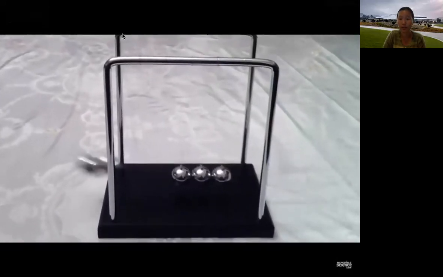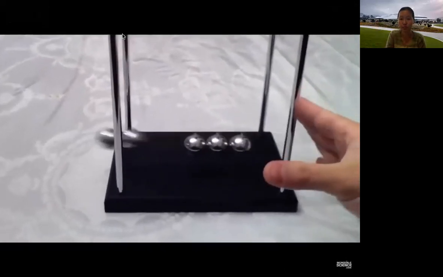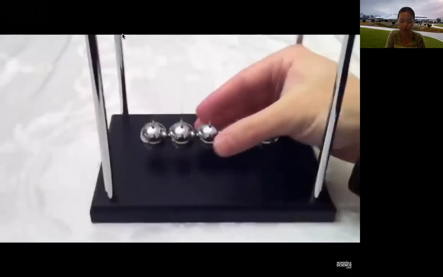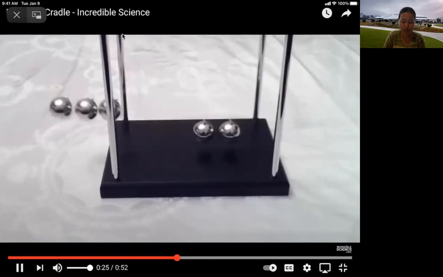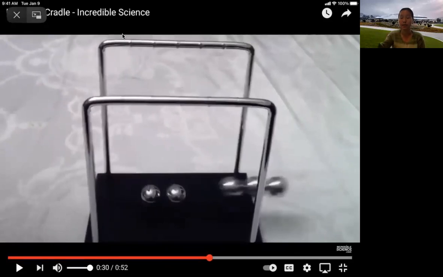The middle one remains in the middle and doesn't really move. If you pick up 3, the middle one will just go back and forth as it would normally, like a pendulum, and the momentum transfer is happening between the 2 on the outside and the 2 on the outside.